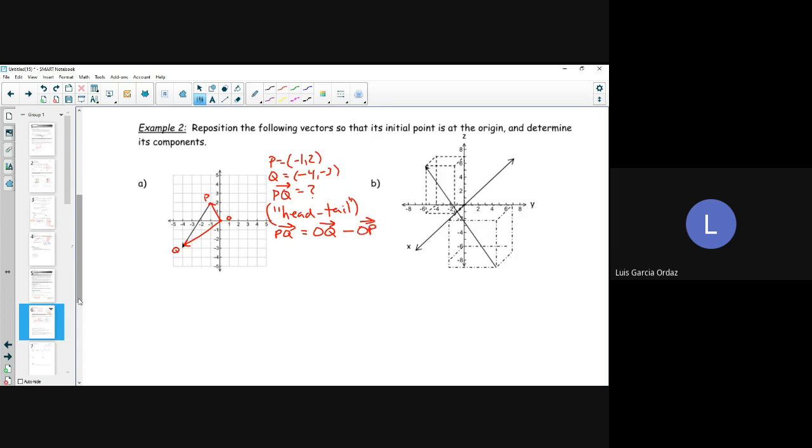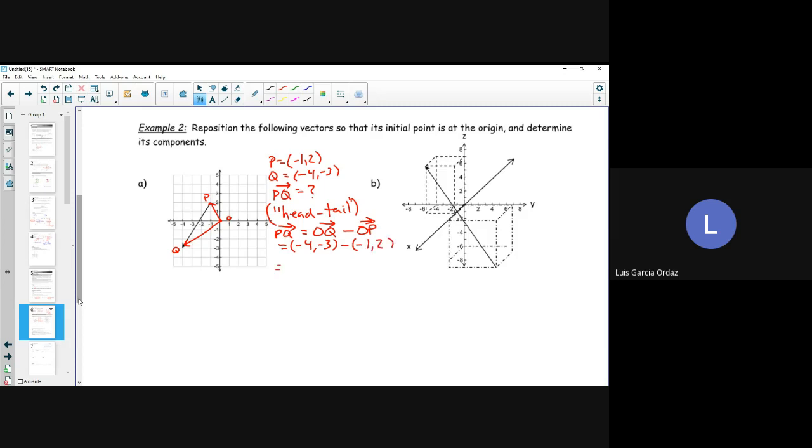So I know my point P, which is OP, is negative 1, 2. And my vector OQ is negative 4 and negative 3. So I'm going to use what we learned from vector addition and subtraction, which is negative 4 and negative 3 minus negative 1 and 2.